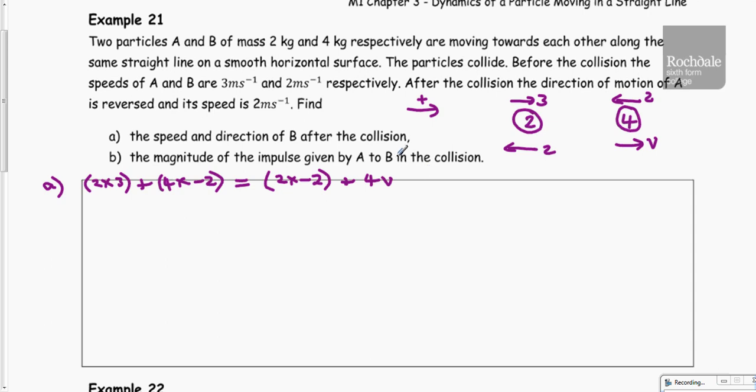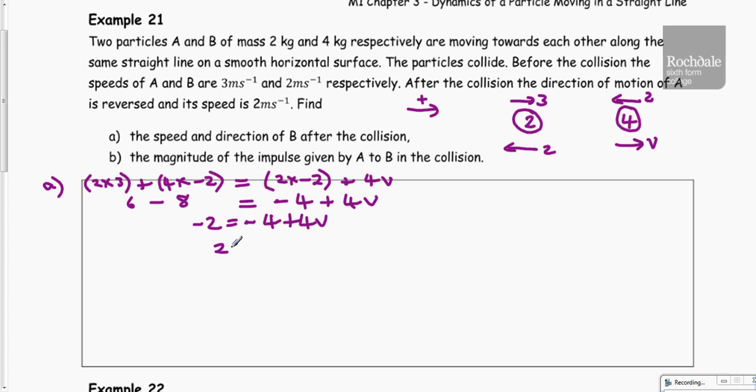So if we do the calculations there, we're going to have 6 minus 8 on the left-hand side. And then on the right-hand side, we'll have -4 plus 4v. So 6 take 8 is -2 equals -4 plus 4v.